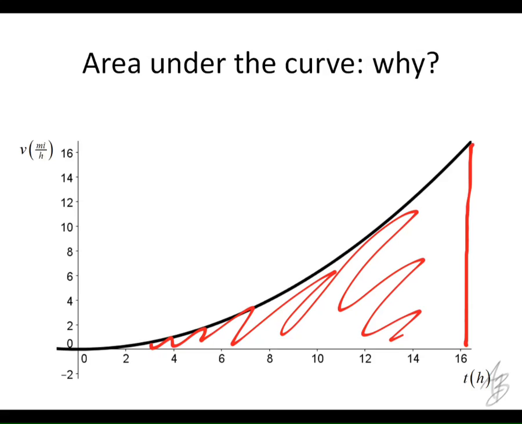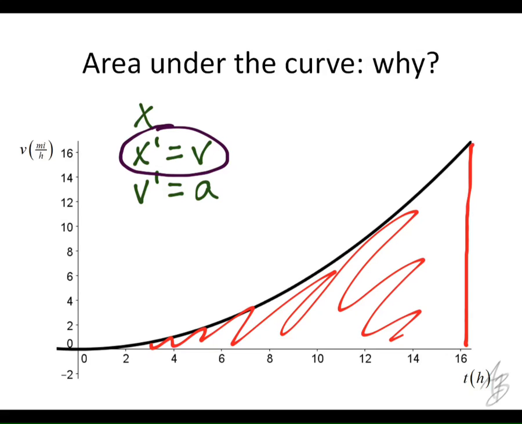Now, if you remember, when we were talking about derivatives, we started with position, and then we said the derivative of position is velocity, and then we also said the derivative of velocity is acceleration. Well, if we look at this here, what we have is the velocity graphed with respect to time, and when we find the area under the curve of the velocity, we get the position.